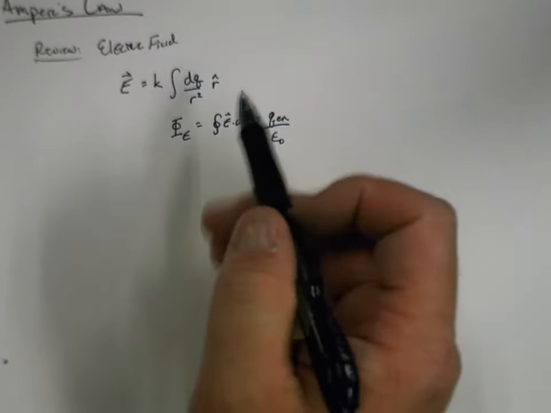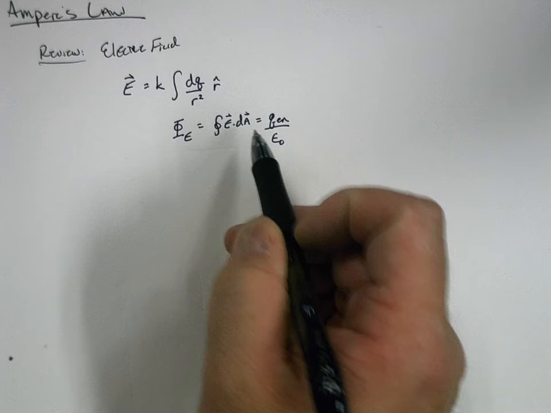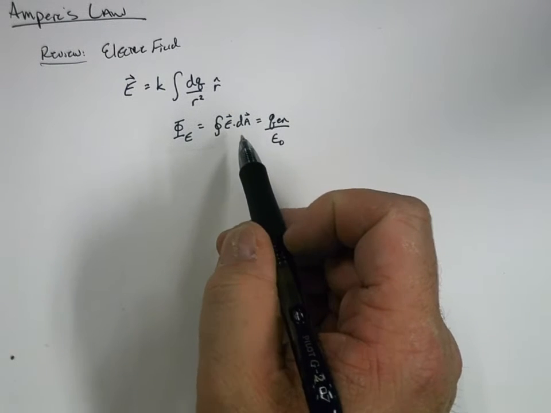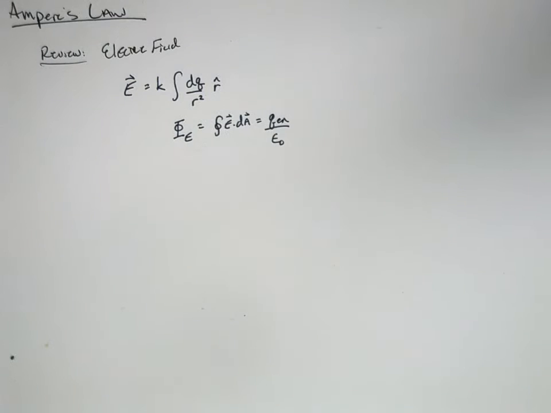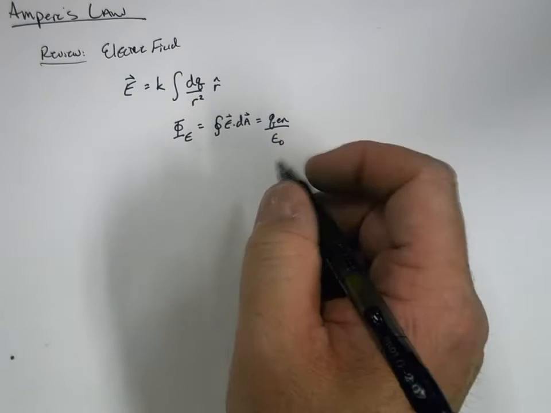The beauty of this is we only use it when we pick a dA that is highly symmetrical, so the math works out nicely. It's 4/3 pi r cubed for a sphere, or 2 pi rh for the length of a wire, or something similar for a cylindrical Gaussian surface.